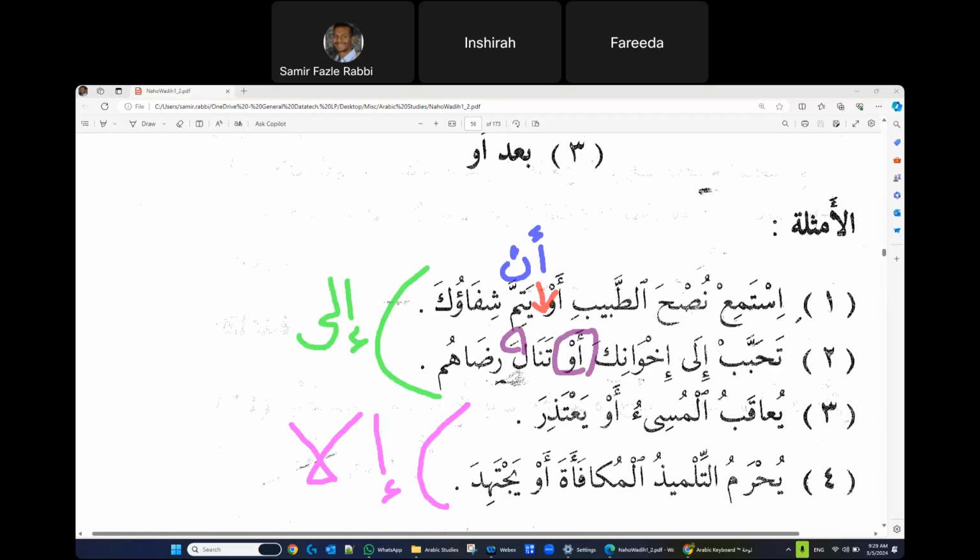So the wrongdoer is going to be punished, aw ya'tadhir, or he's going to apologize or ask to be excused. The student is not going to get good marks or a reward, unless, except if he strives, yajtahid.